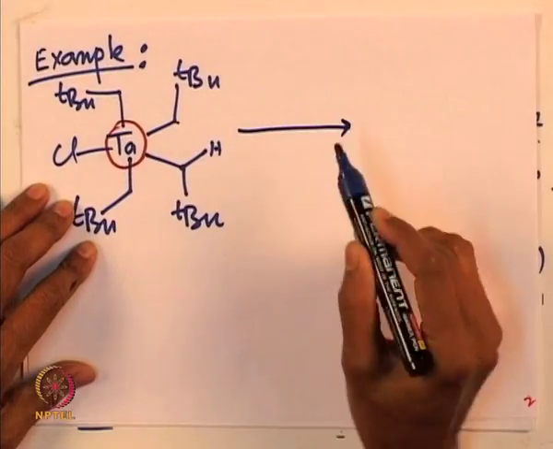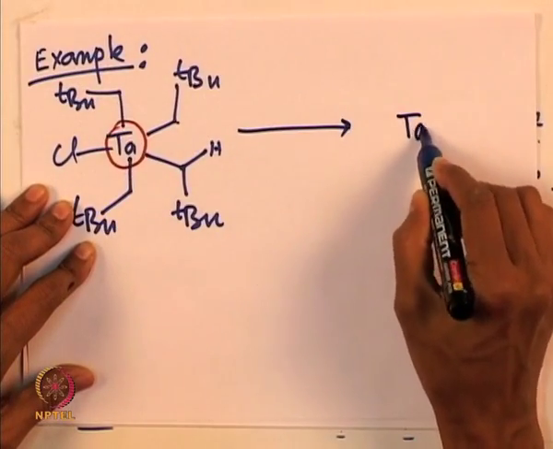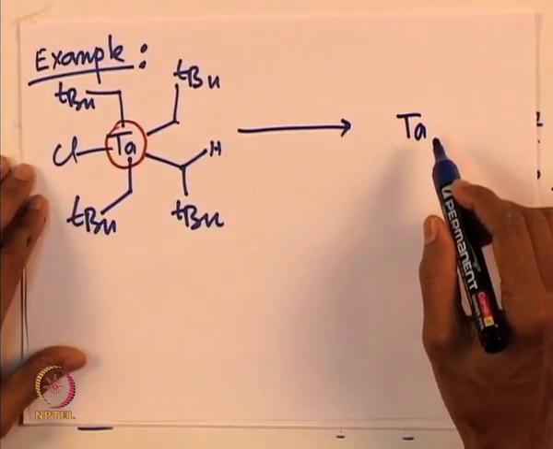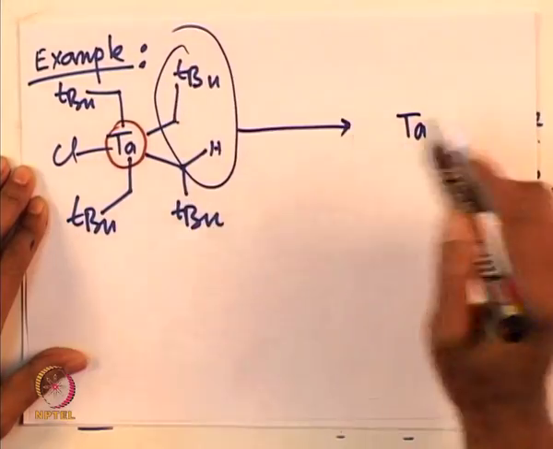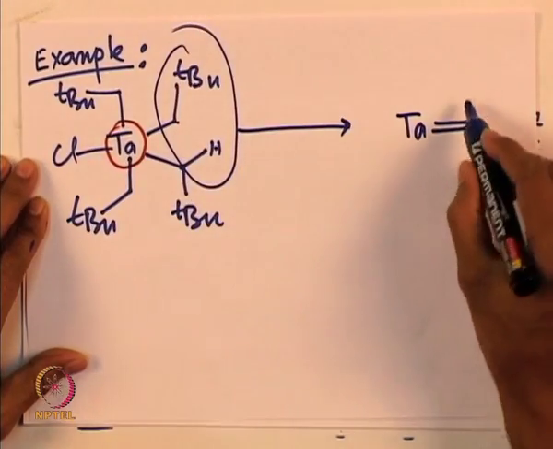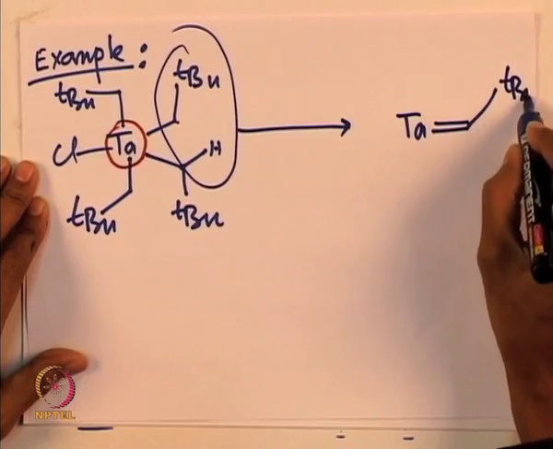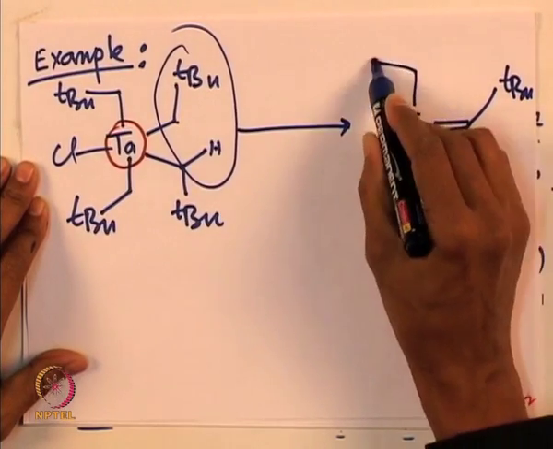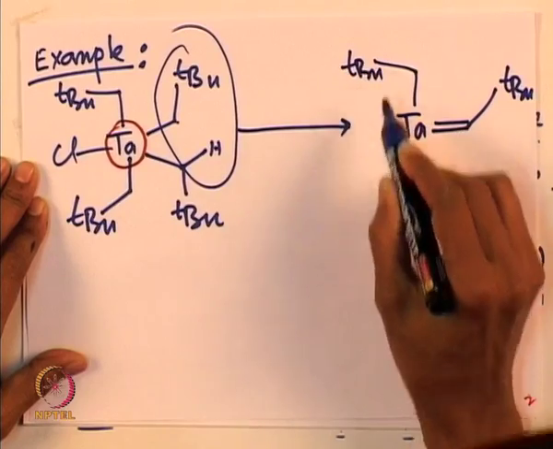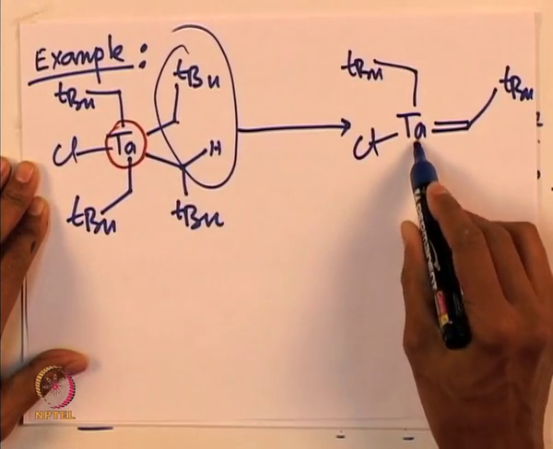Now if you look at it very carefully, the product we are going to get from this reaction is going to be a carbene intermediate, where this tantalum intermediate undergoes further reaction to give you the product.